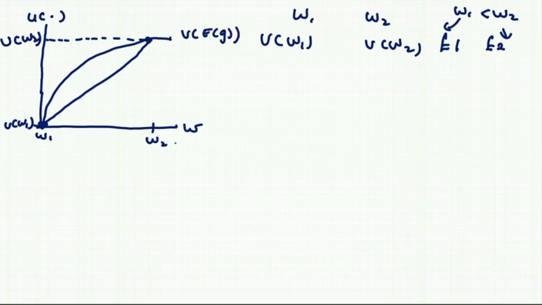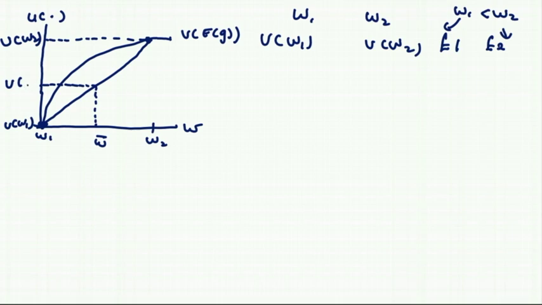So between W1 and W2, pick one point along this straight line. Then we can have the average between these two, depending on the weight of W1 and W2 here. So let's call it W bar, for instance.